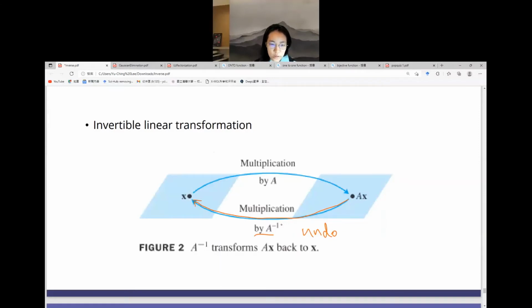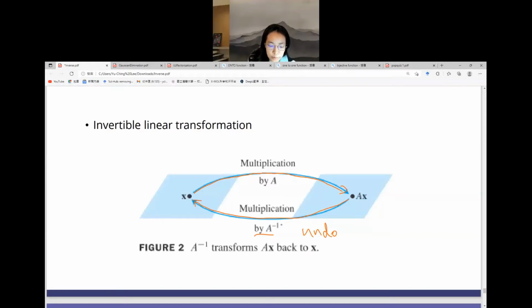之前我们在做线性转换的时候, multiplication by A matrix, and that direction's multiplication by A inverse. When it's a linear transformation interpretation, we say it's either reflection, projections, and shear, and other linear transformations.